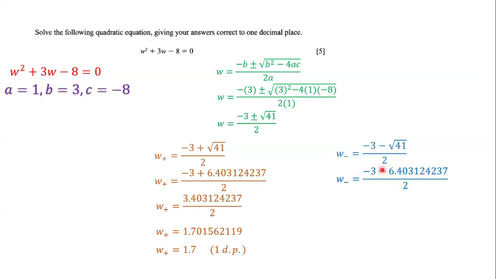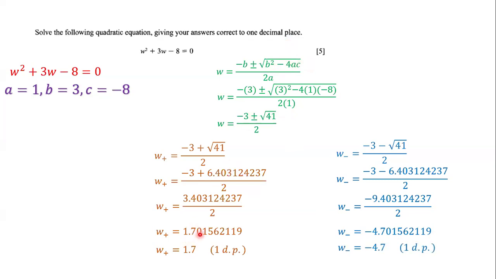When we operate on the numerator, we get -9.403124237. That's the numerator, and as the denominator we have 2, so we have to divide. When we divide, we get -4.701562119.